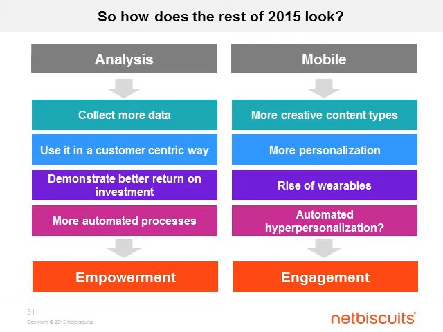So if we pull all of these trends back together now, we begin to get a feel for how 2015 should shape up. At the moment, we're in the stages of working out how we can collect more, and indeed more accurate data. At recent events I've attended, there's still much talk about the potential rise of a chief data officer. I think in the coming months we'll see this data being applied in a much more customer-centric way.